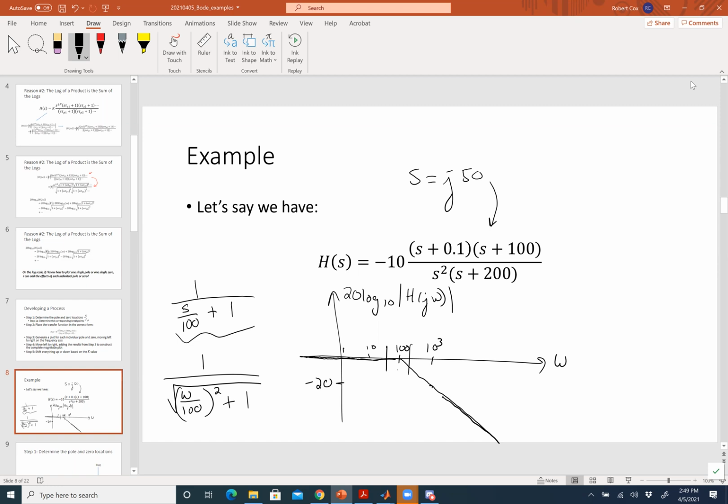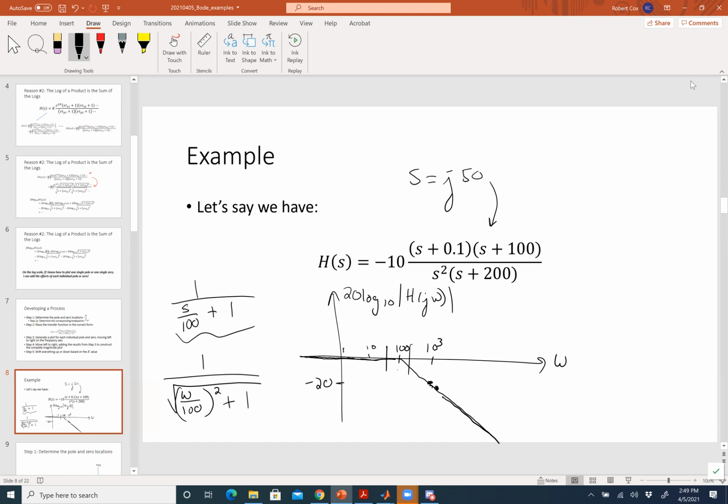The magnitude is basically the value of this curve. If I'm asking you for the magnitude at 1,000, the magnitude at 1,000 would be negative 20 dB. The slope also is negative 20 at that point, but the y-axis value there is negative 20.